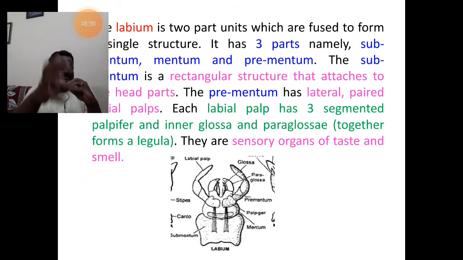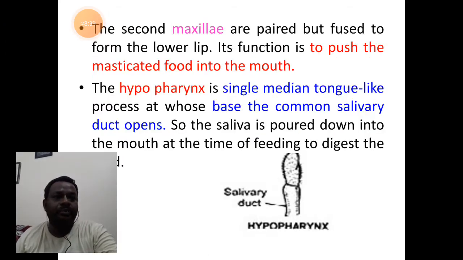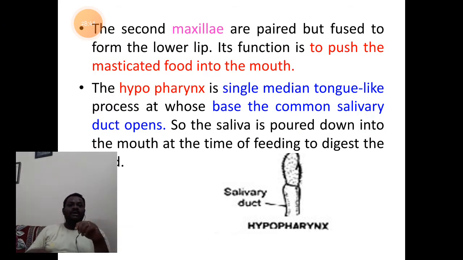So you can see the structural representation of all these parts down in the picture here. So we have understood maxillae, which help in holding the food and push the food for the process of mastication in the mouth.